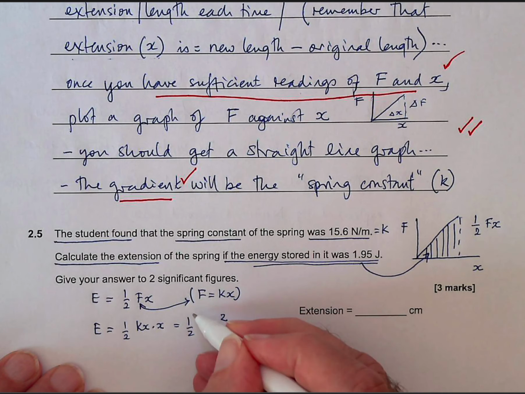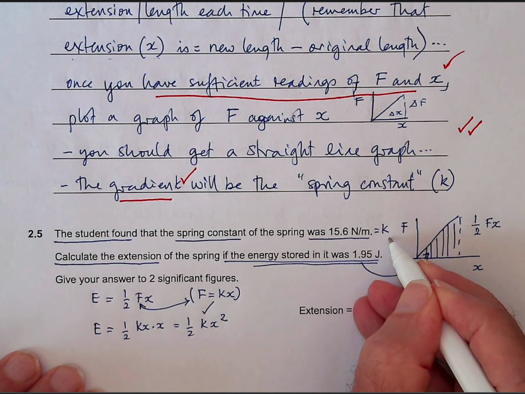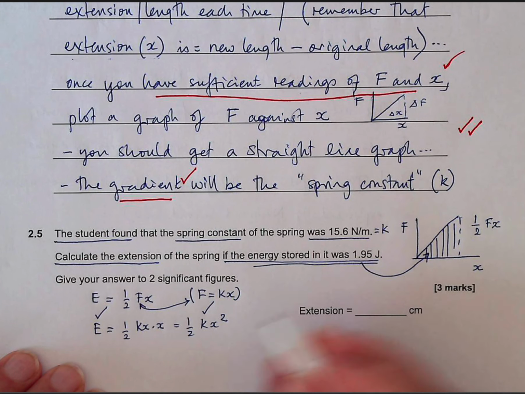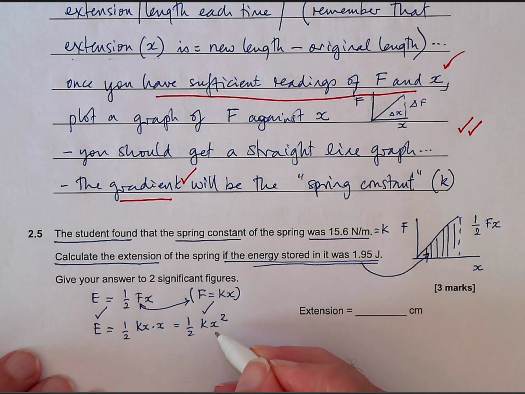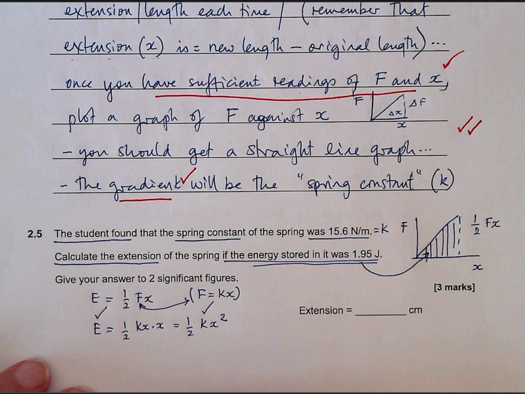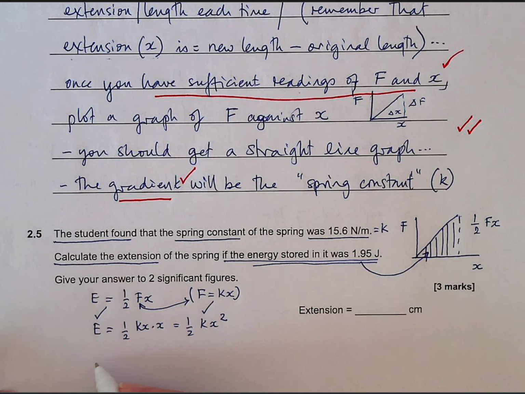We know k is given to us here. We know E is given to us here. And we know obviously half, so all we've got to do is work out x squared. Now the units are in newtons per meter, so don't get fooled by that. So it follows that since energy equals half kx squared, you can just put the numbers in.